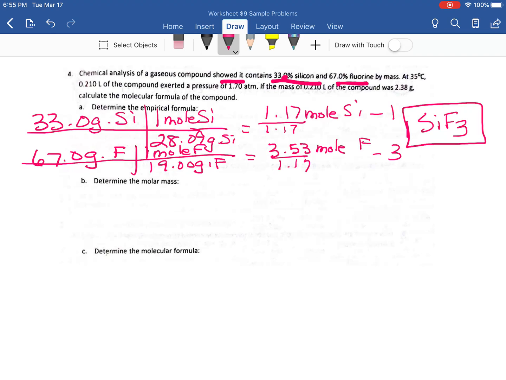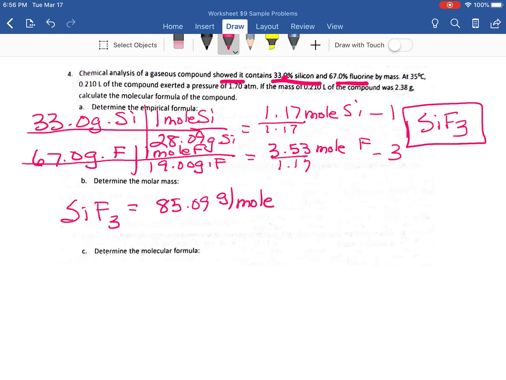The next part of the problem asks you to determine the molar mass of SiF3. So in your calculator, take the molar mass of silicon and then add to it 3 fluorines. You should get a molar mass of 85.09 grams per mole.